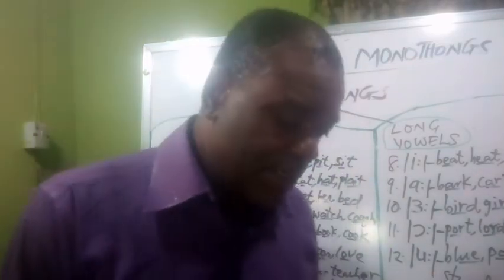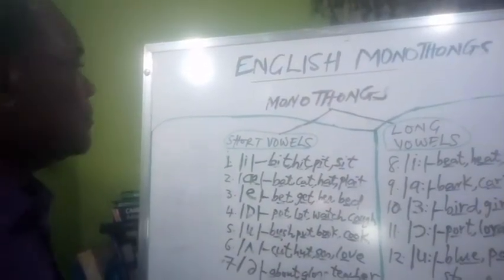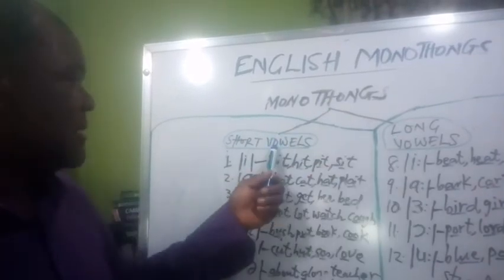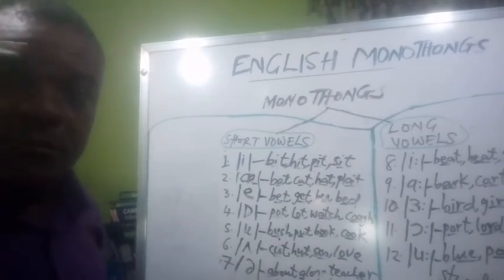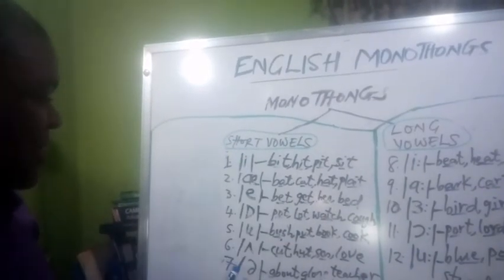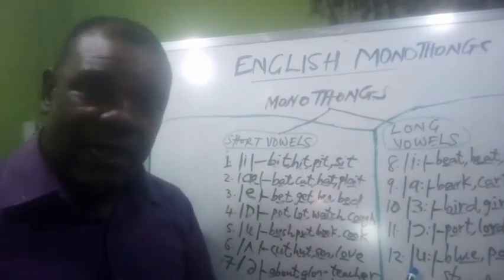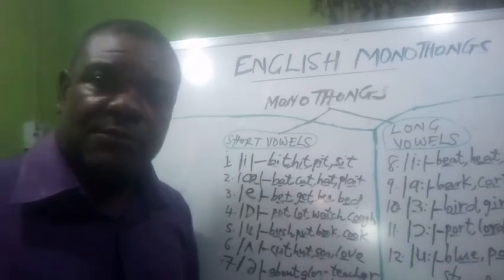Let's get started with the topic for the day. Monophthongs are of two classes, as you can see, short vowels and long vowels. There are 7 short vowels and 5 long vowels, altogether making a total of 12 monophthongs.